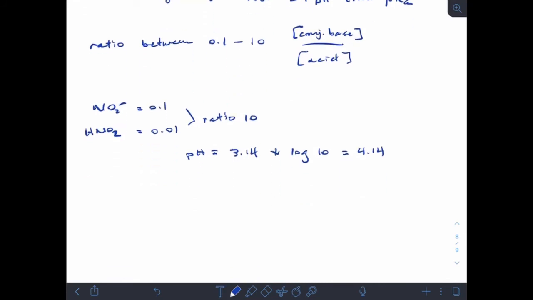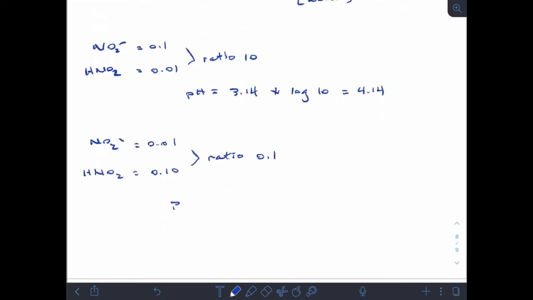If I reverse that, say NO2 minus is 0.01 and my HNO2 is 0.1, I've got a ratio of 0.1, then the pH equals pKa plus the log of 0.1.